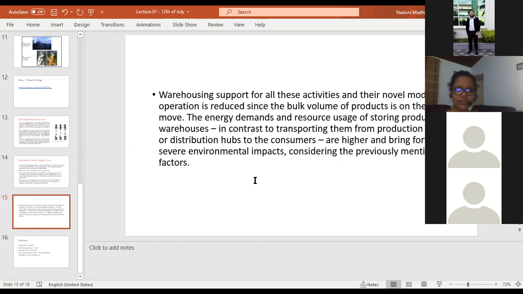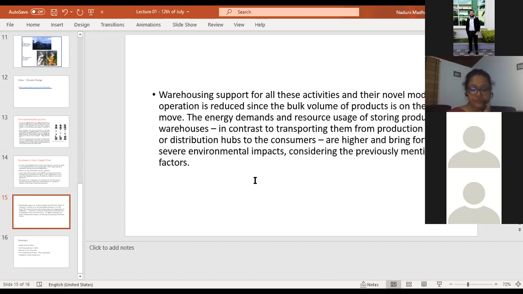And also when it comes to e-commerce, we talk about e-commerce a lot nowadays. In e-commerce, warehousing is extremely important. If you are going to have a warehouse with a bulk volume of products, again it needs energy, for example for the lighting system, or if it is a particular product that needs to be kept under a certain temperature.